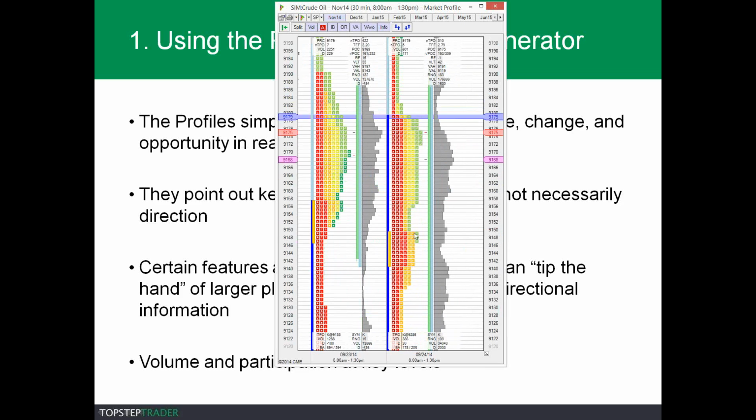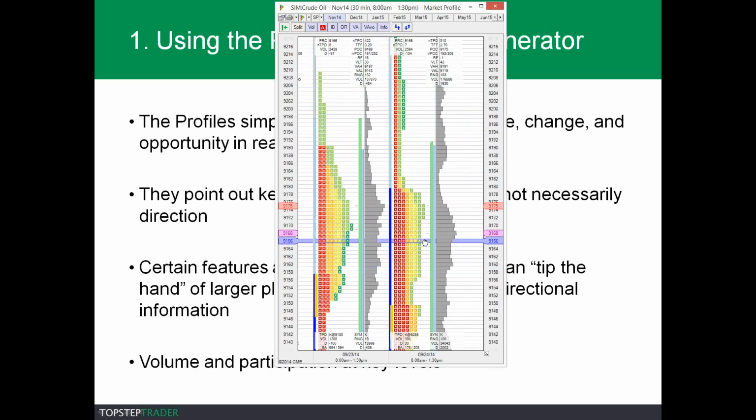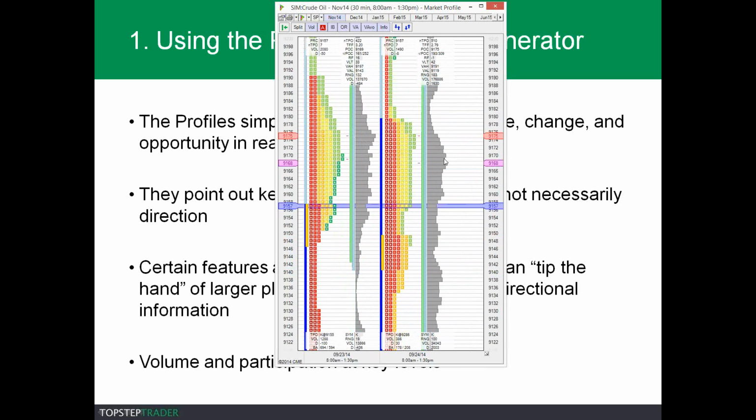One of the features of the profile that tipped this move off in crude to me is called the point of control. Now there's two different points of control here in the profile graphic, the TPO profile graphic and the volume profile graphic.